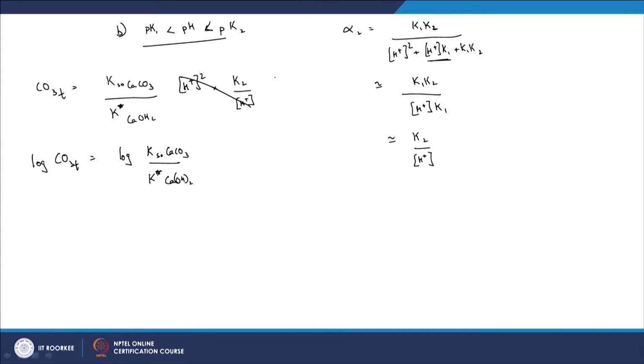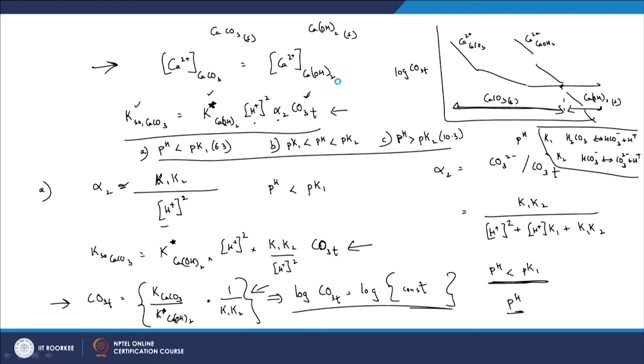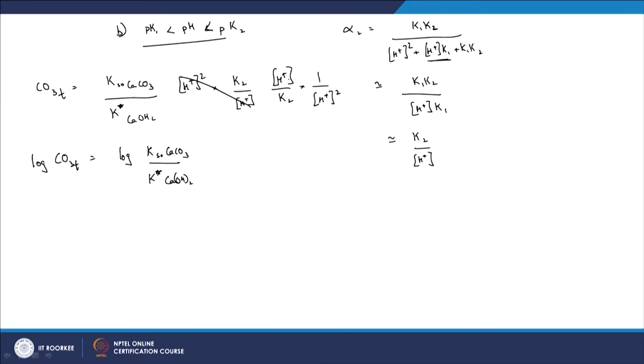So it would have been H plus by K2 into 1 by H plus square, because I am bringing this term out to the left hand side. So that is going to be H plus by K2 into 1 by H plus square, which is going to be equal to 1 by K2.